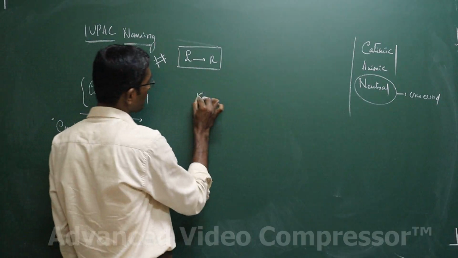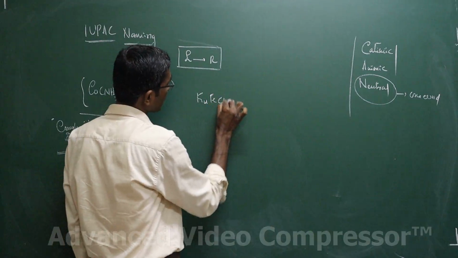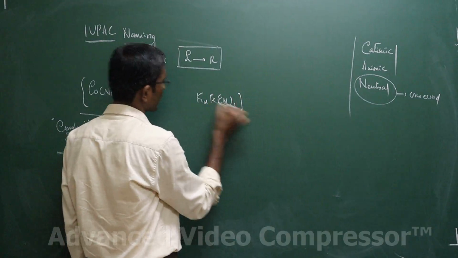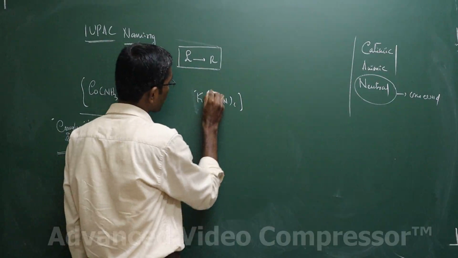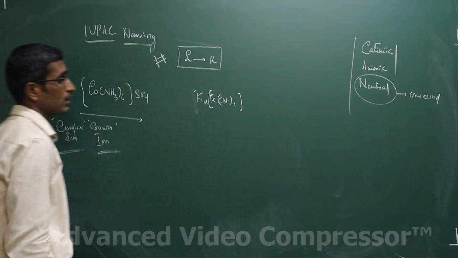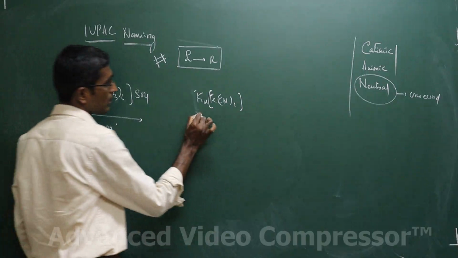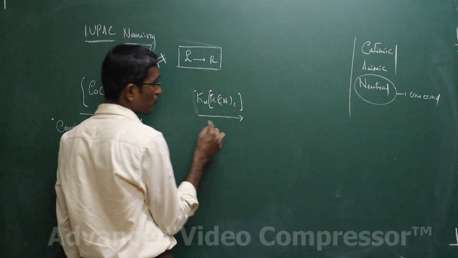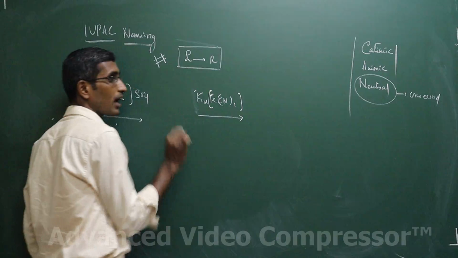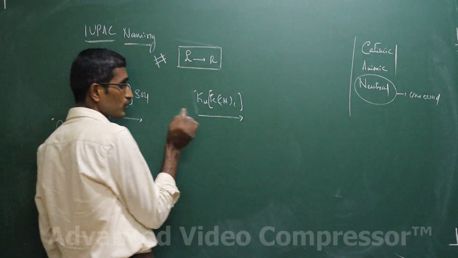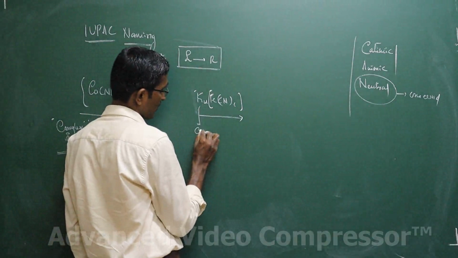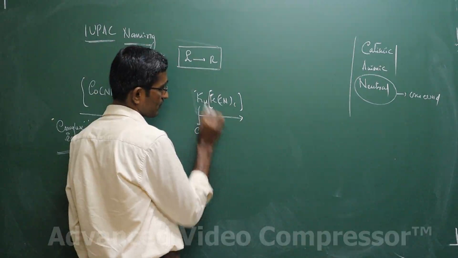If it is, for example, K4[Fe(CN)6], what needs to be done? You go from left to right, student. So which one will you encounter in the case of the anionic complex? Left side. So first you will encounter the counter ion, so you name the counter ion first here.